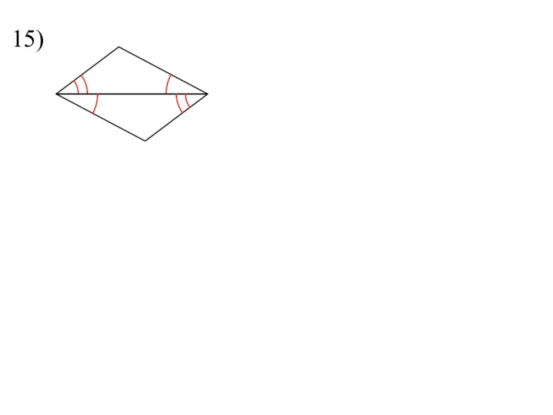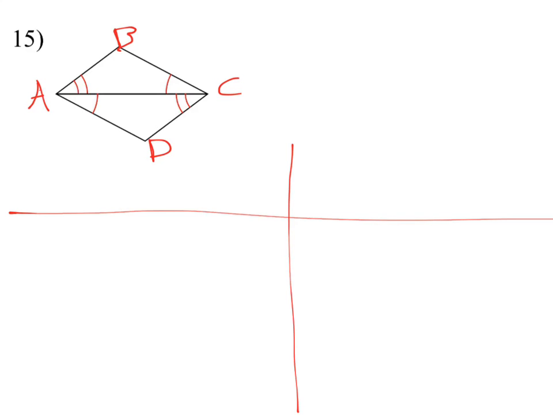That brings us to 15. Again, let's add some stuff. Let's do A, B, C, D. And we'll get two columns going. I know some of these angles match up, like CAD matches ACB. That's a given. It's right there in the markings.